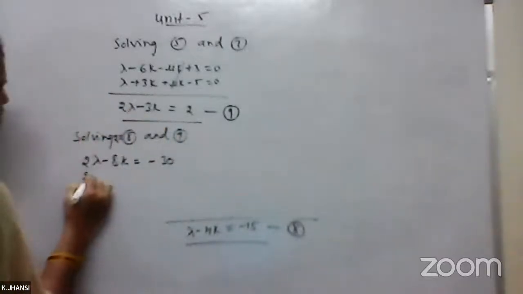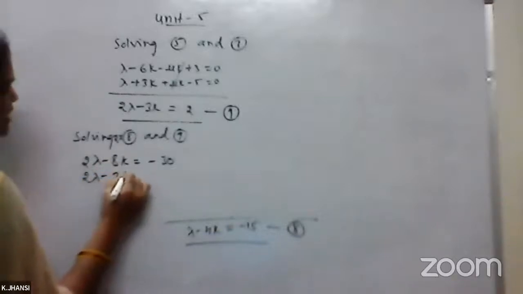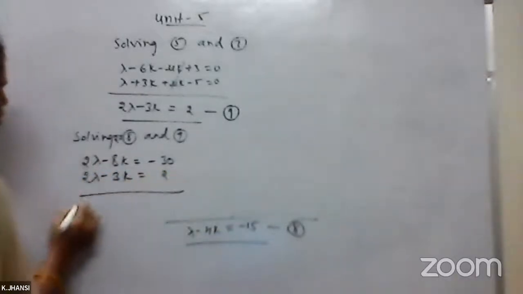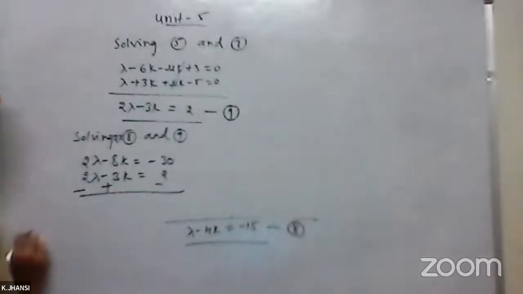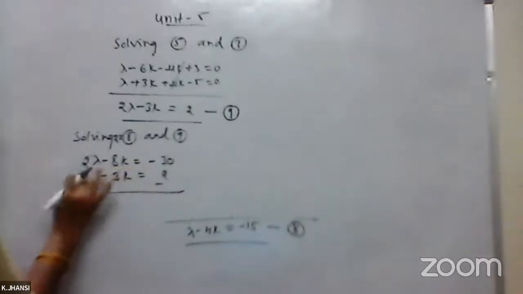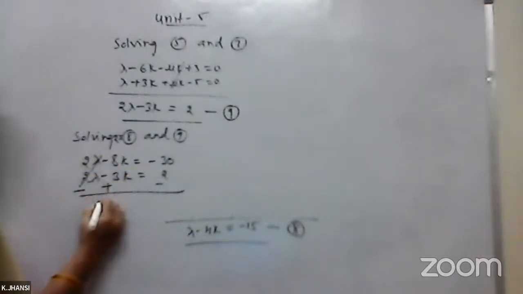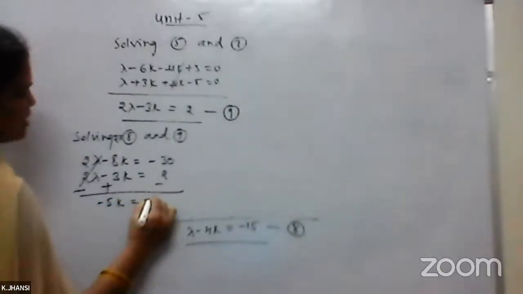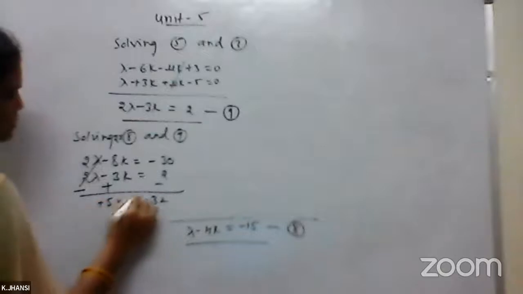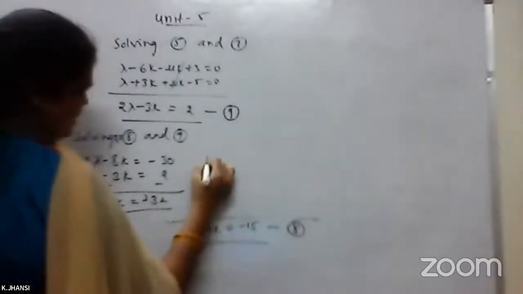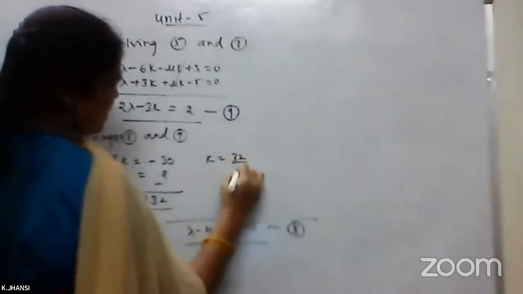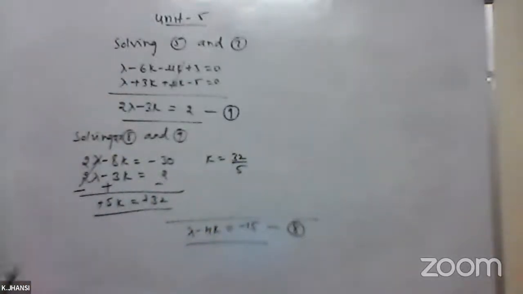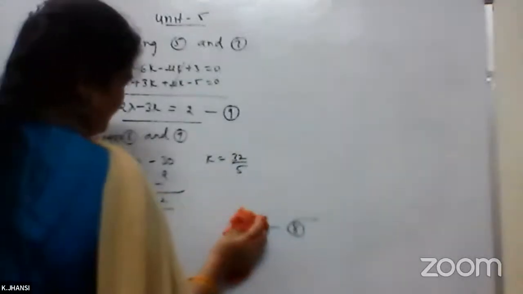Next it is 2 lambda minus 3k equals 2. Now minus, plus, it is minus. So these two will get cancelled. Here it is minus 5k equals minus 32. So minus, minus will get cancelled. k equals 32 by 5. Okay, so the k value is 32 by 5.